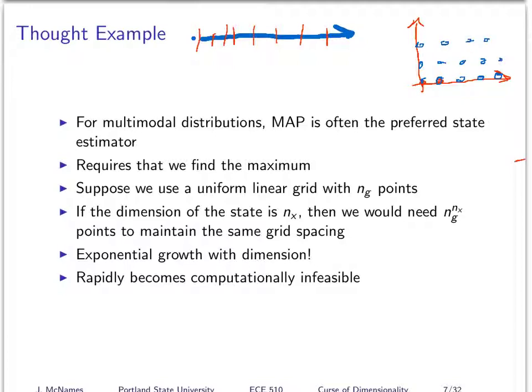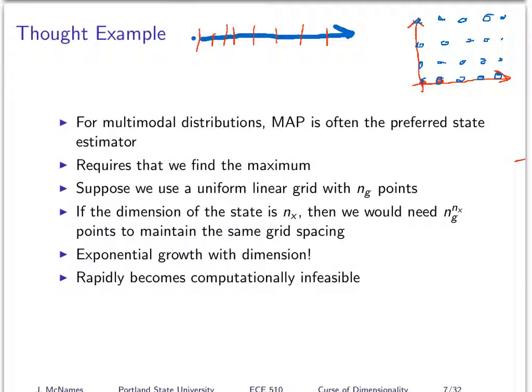I know this isn't 10, but it gets the idea across that the number of points that you need as soon as you go to 2 dimensions is much larger than what you needed in 1 dimension. Now we've got 10 here, but we've got 10 rows, and so it's 100 points that we need rather than 10. And all of you have enough math that if I drew a z-axis there and we thought about filling a 3-dimensional space, it'd be 1,000 points. So it increases by a factor of 10 with each dimension.